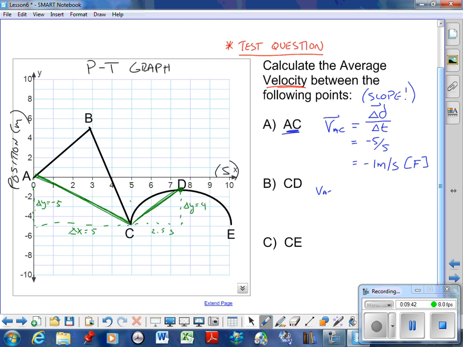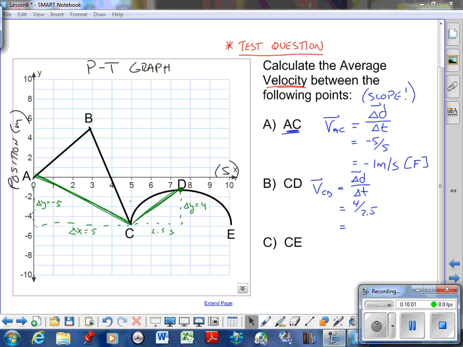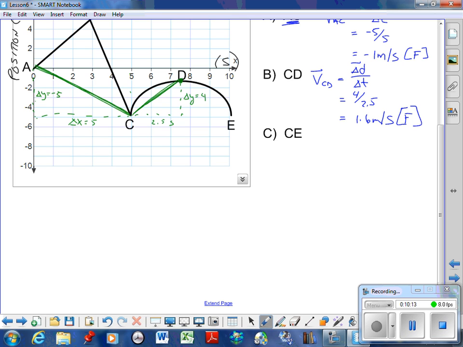So the average velocity from not AC, I want CD, is change in displacement over time. So 4 divided by 2.5 gives us a value of about 1.6 meters per second. Looking at it, it's a positive slope, so that means I will be moving forward in that time frame.